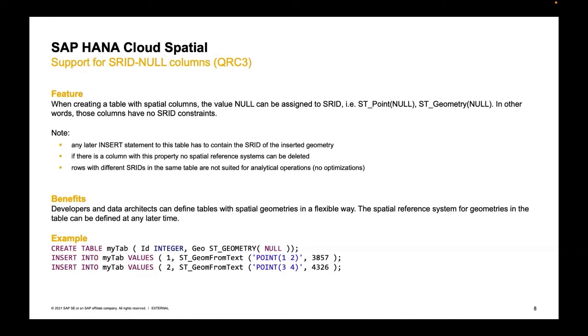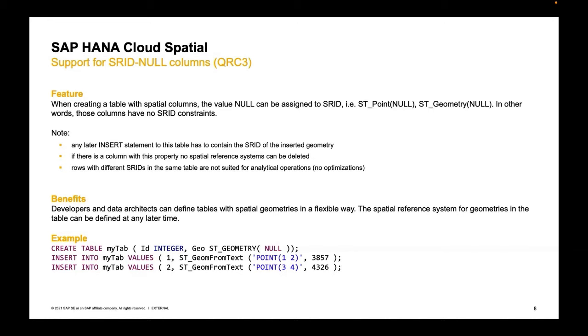So you can create a table with a spatial attribute that has no constraint of a specific spatial reference system from the definition of the table. You can leave it flexible and insert geometries at a later point in time with any SRID values you can use. It's very flexible then to insert values and to work with this table.